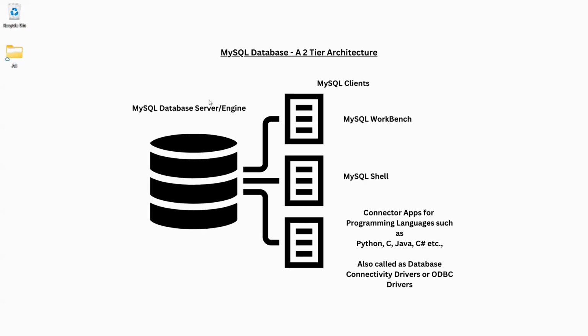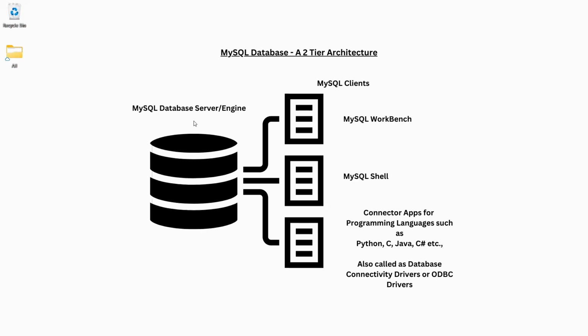One is the MySQL database server. It is also called a database engine. And the other is the MySQL client applications. As you see, there are several client applications. You can have very many client applications, and there are also more client applications apart from those listed here.